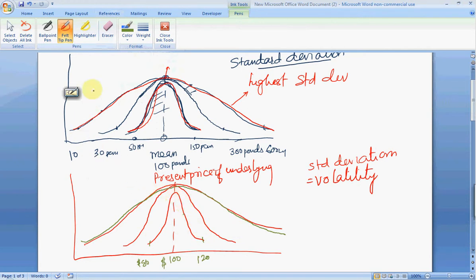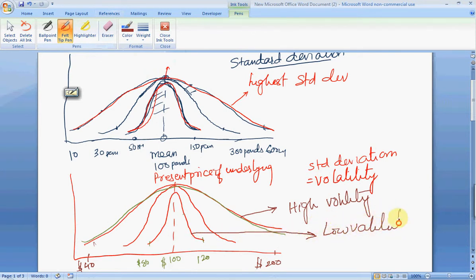So if this is XYZ and the other curve is ABC, then even though the present price is $100, this goes down to $40 and reaches up to $200. So this curve has high volatility, and this one has low volatility. This one, in fact, would be medium volatility.